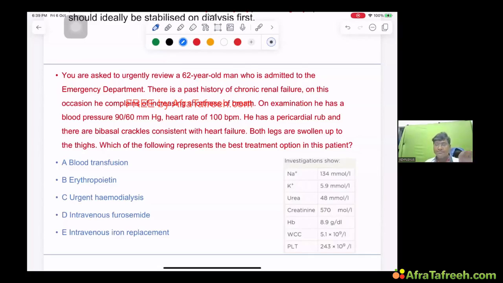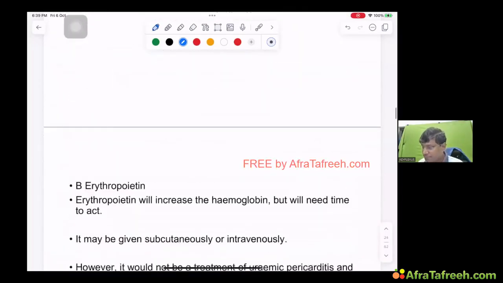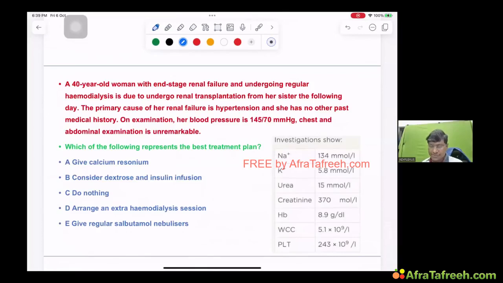Along with furosemide, you need to add an inotropic agent, which is not given here, to increase the blood pressure. First, the individual has to be stabilized from the pulmonary edema. Then you can plan for the hemodialysis. Jacob, did you get that? So you need to add an inotrope there, like noradrenaline.